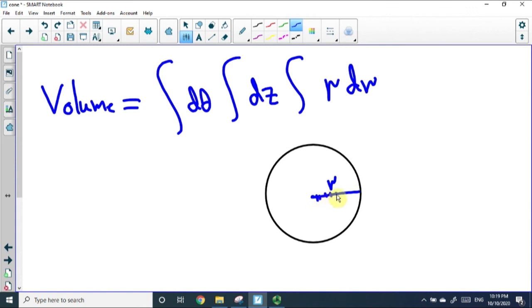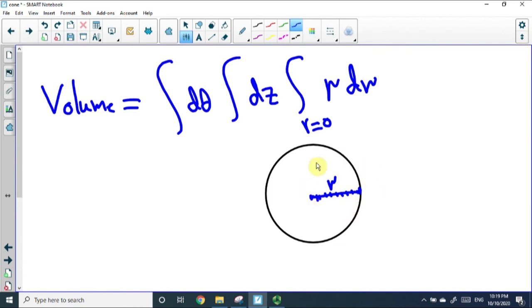I'm going to add all of them to do the integration over r. So the question is, what are the limits? Now it's clear that the smallest value for r will be 0. So r going to start from 0. And then it will increase until I touch the upper of the curve of the circle. Now this circle is not the top, it's not the base, it's just a slice within the cone.